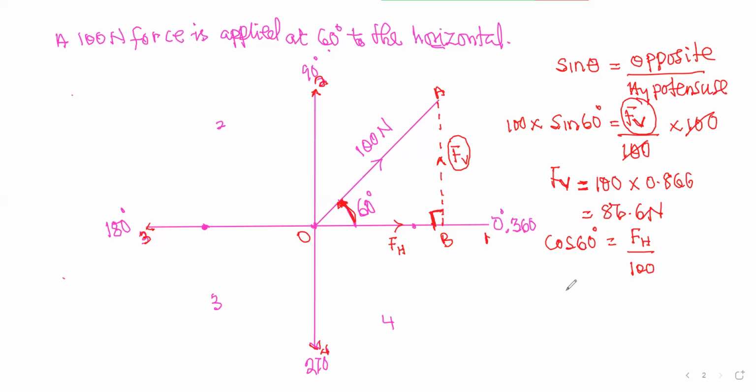So help me find F horizontal. The answer is 50 Newton. So 100 cos 60 degrees, and cos 60 is 0.5, so 50 Newton. So these are the vertical component and the horizontal component of the force.